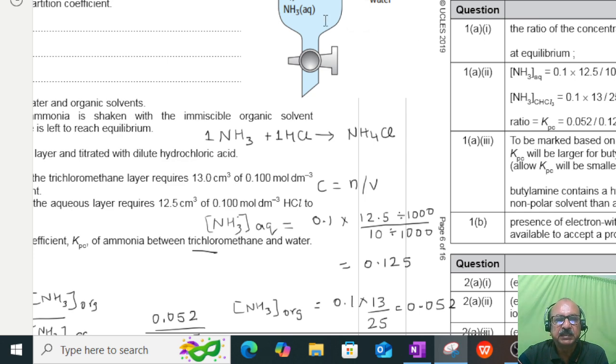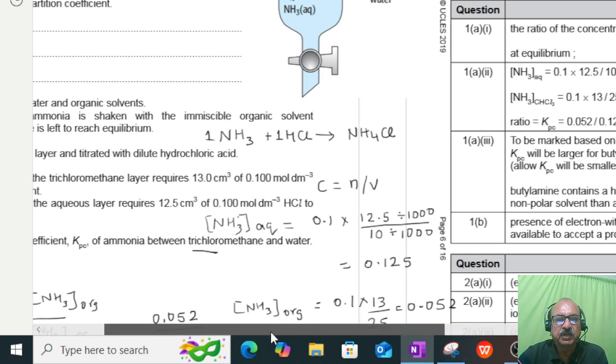For example, in this case, ammonia has been partitioned between an aqueous phase and an organic phase, and they are in equilibrium, and the ratio of the concentrations of ammonia in the organic solvent and the aqueous solvent will be called the partition coefficient. So hope you understood this.